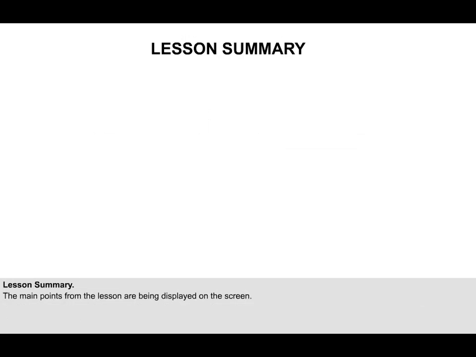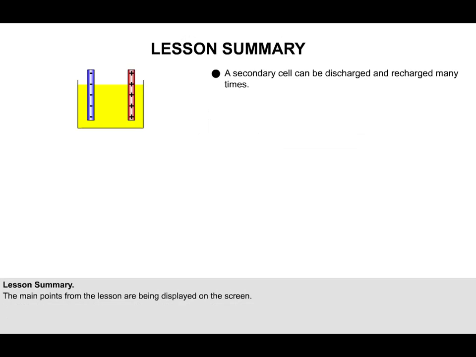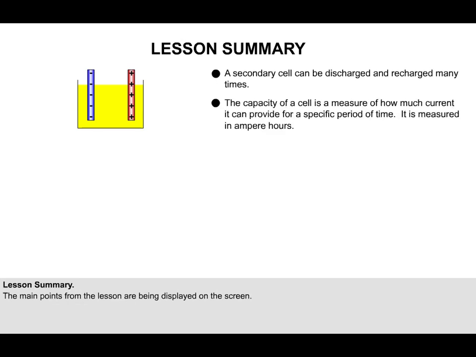You have learned the following key points. A secondary cell can be discharged and recharged many times. The capacity of a cell is a measure of how much current it can provide for a specific period of time. It is measured in ampere hours.